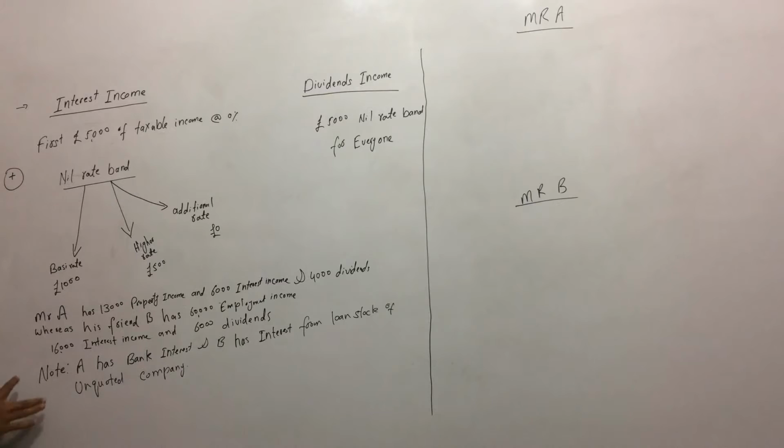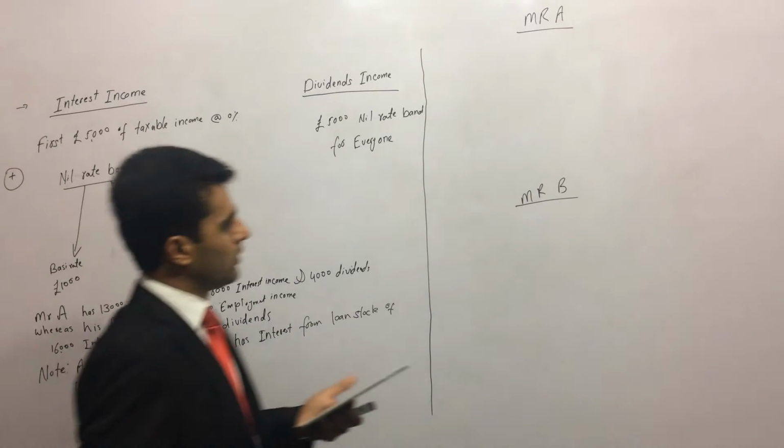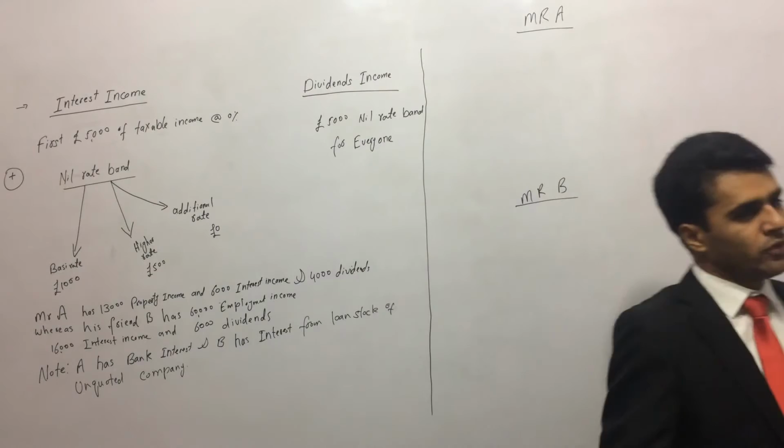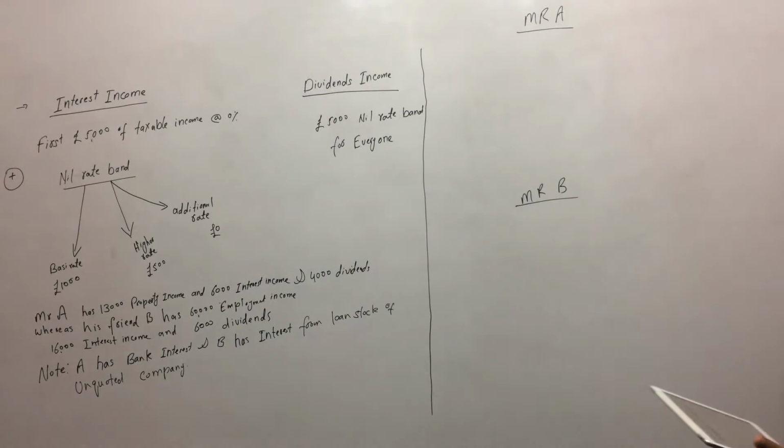Now, in the notes it says Mr. A has bank interest and Mr. B has interest from loan stock of an unquoted company. This was the question which I have written down here, and I have also read it out to you. So please make sure you pause the video and note down this question.